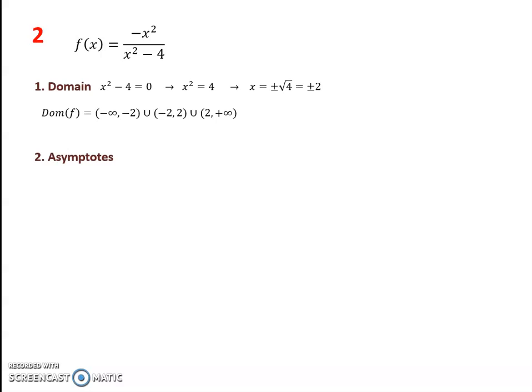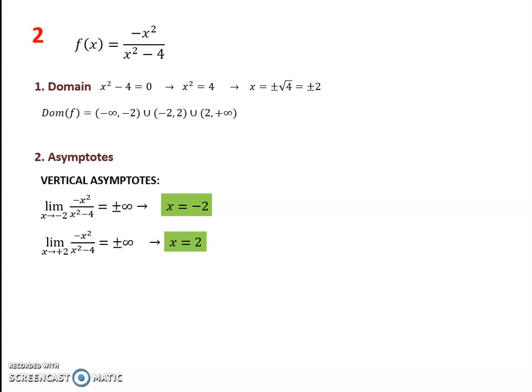Second step, asymptotes. We will start with the vertical ones, analyzing what happens really at these 2 points, I mean x equal minus 2 and 2. Do we really have vertical asymptotes there? So you define the limits approaching minus 2 and 2, and it seems these two limits both are plus minus infinity.